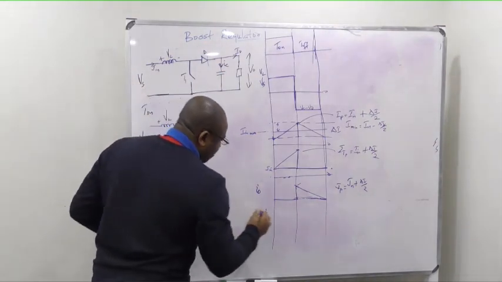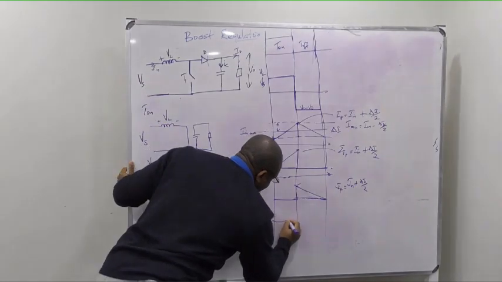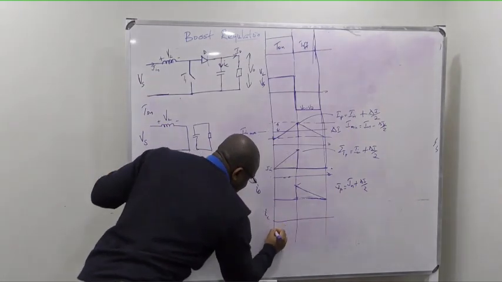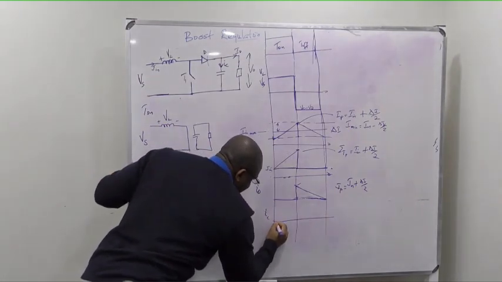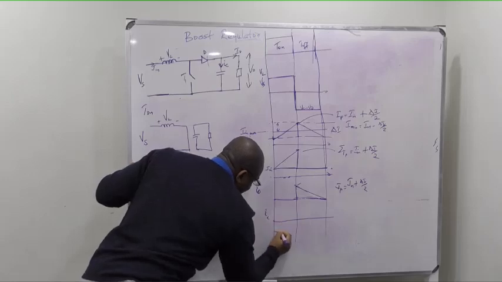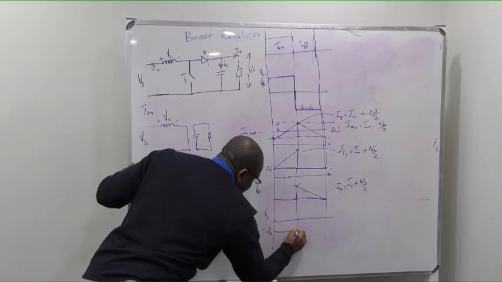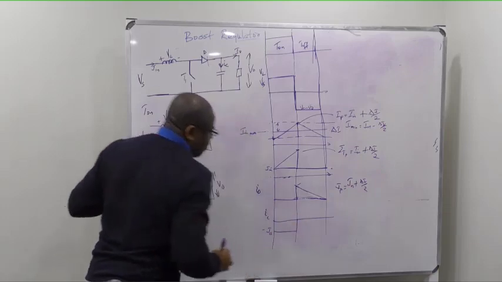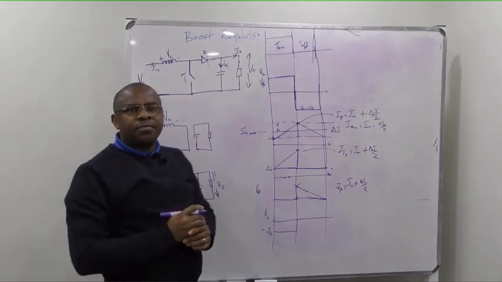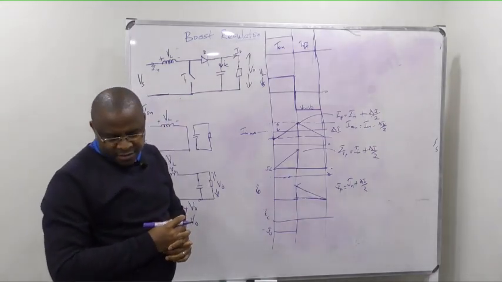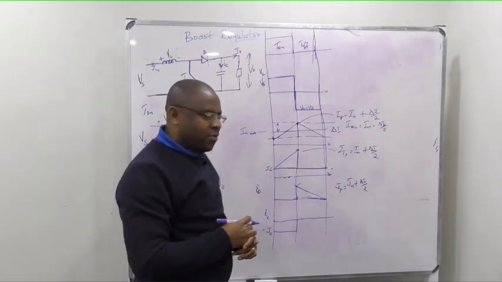All right, so now that means IC, if it is the zero line, will be minus IO. That is at time of on. Minus IO at time of on.